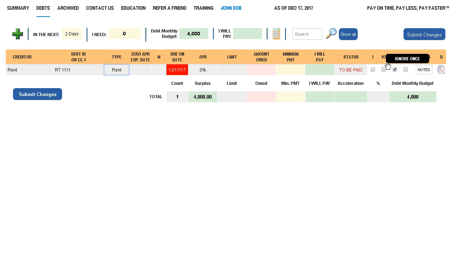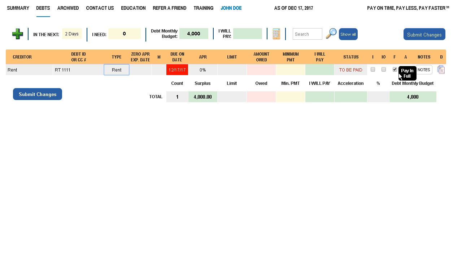Ignore once is pretty much the same, but the difference is that it's only once. Once you pay this particular debt one time, it's going to be unchecked, and then the program advice kicks in. So this one will stay until you uncheck it, and this one will uncheck itself every time that you select paid.